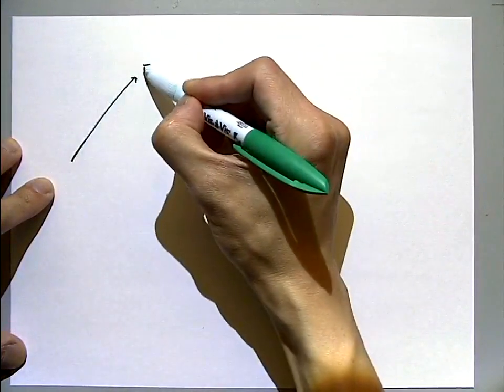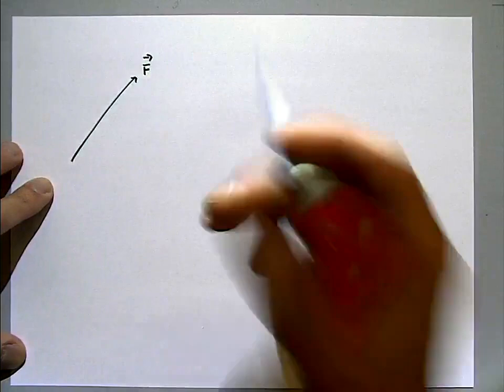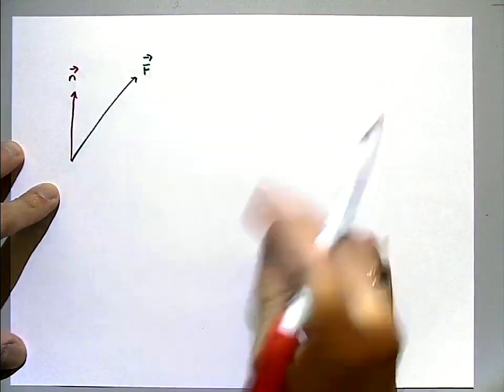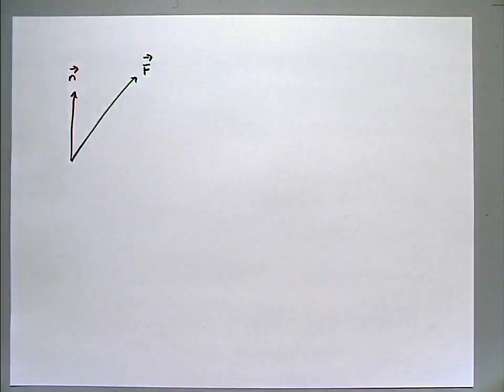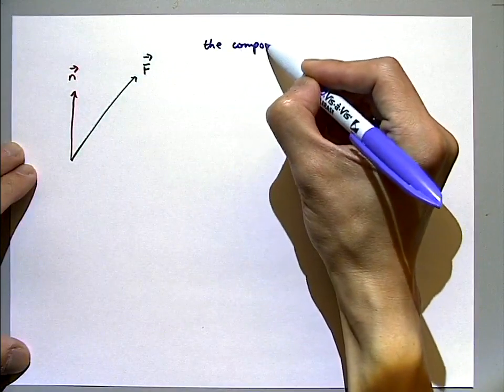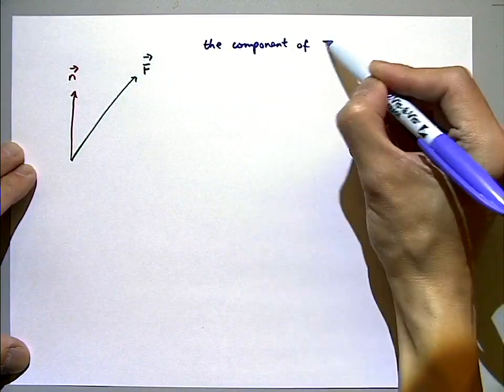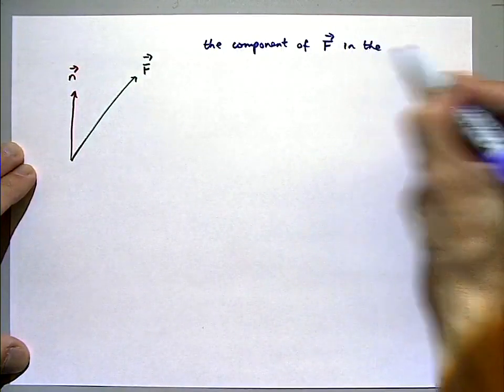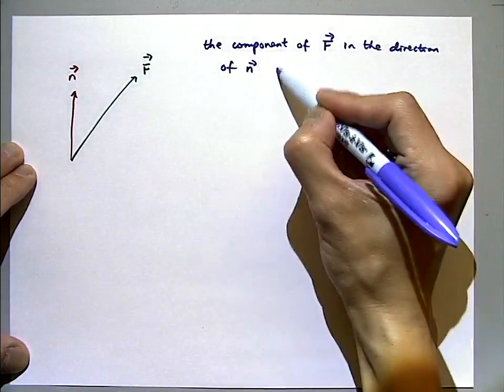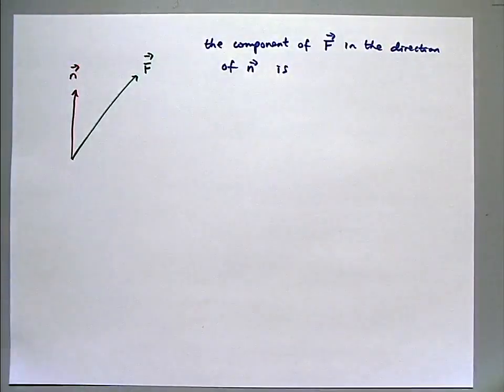So here's F. And here's my unit normal N. The component of F in the direction of N is, remember how to find that? How do you find the component of F in the direction of N?